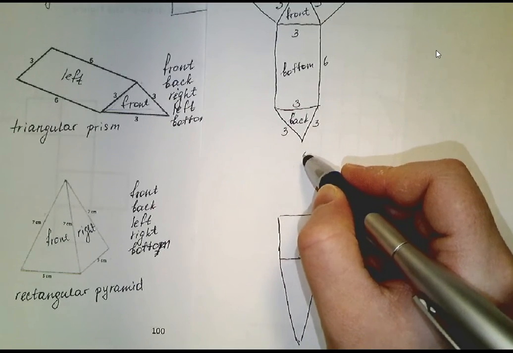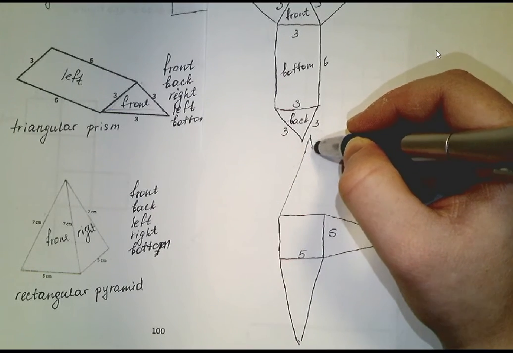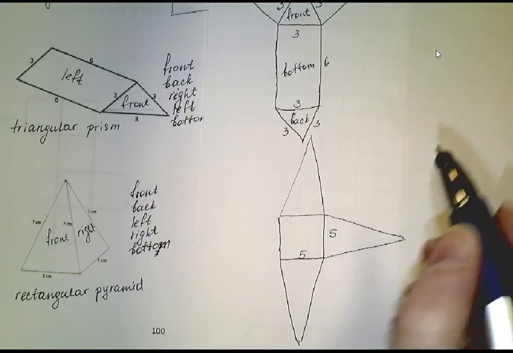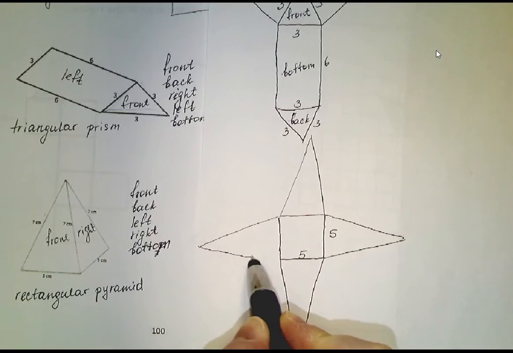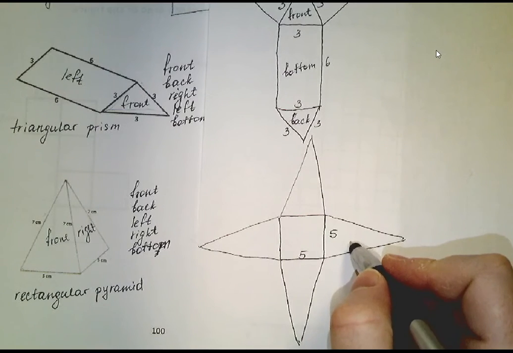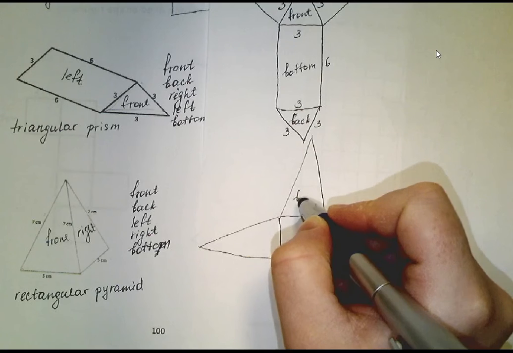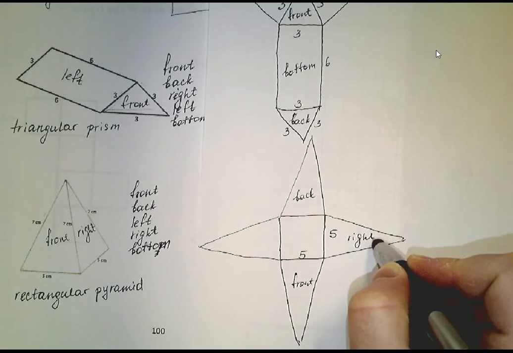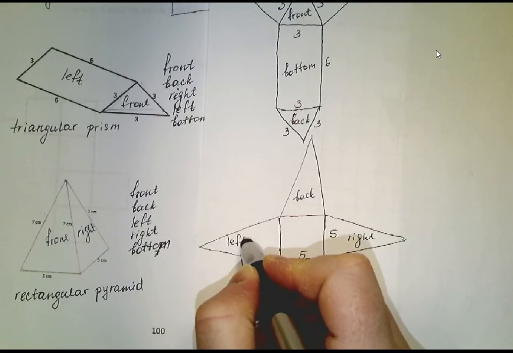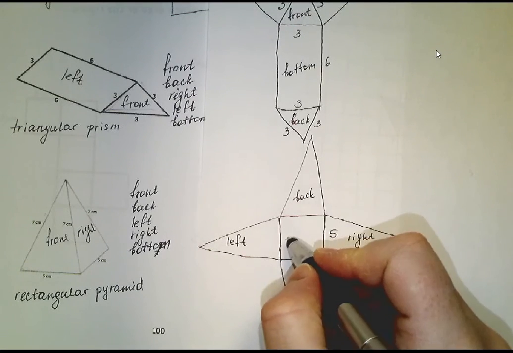But again, because I don't have graph paper, I can't really draw something that looks exactly the same. Here we go. So here we'll have front and back and right and left. All of these are 7 units, and this is our bottom.